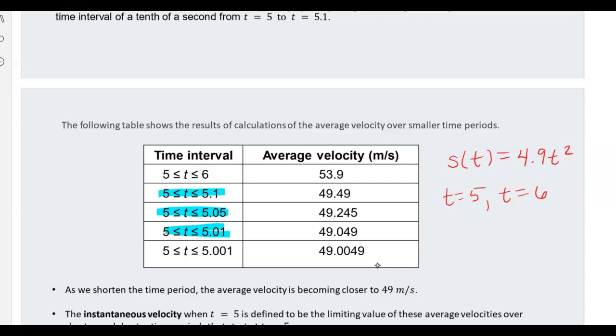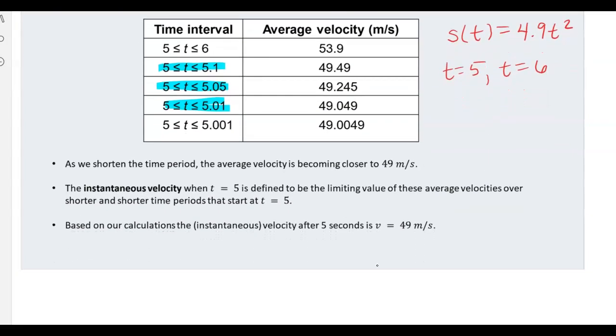Closing in, getting closer and closer to 5. And by looking at the right column, it looks as though the velocity is closing in on 49 meters per second. And so we would say that the instantaneous velocity at that particular point, right when t is equal to 5 seconds, is that the object is moving at 49 meters per second.